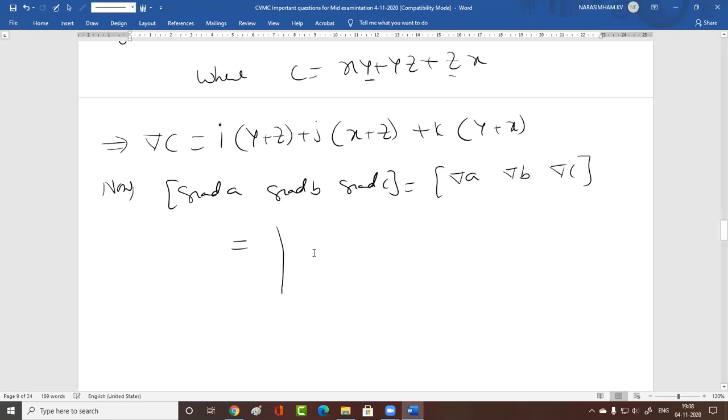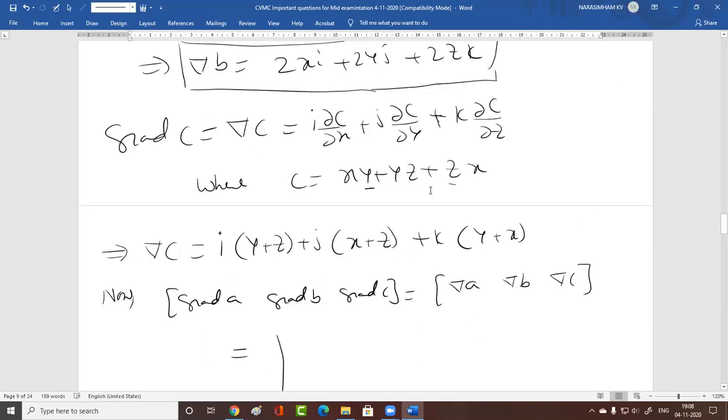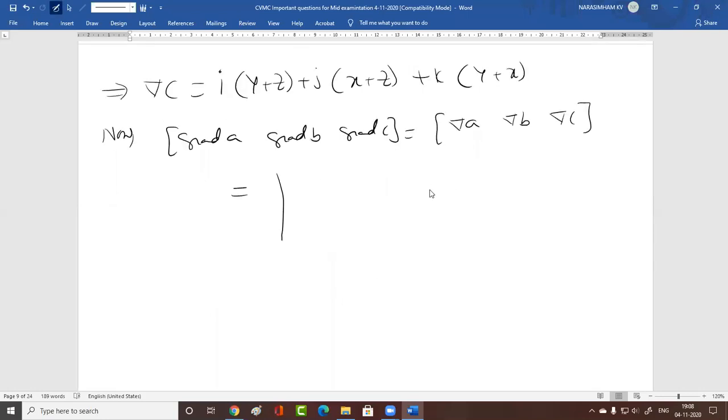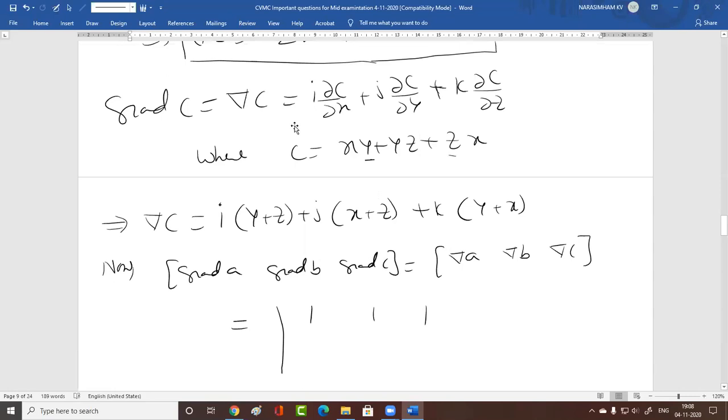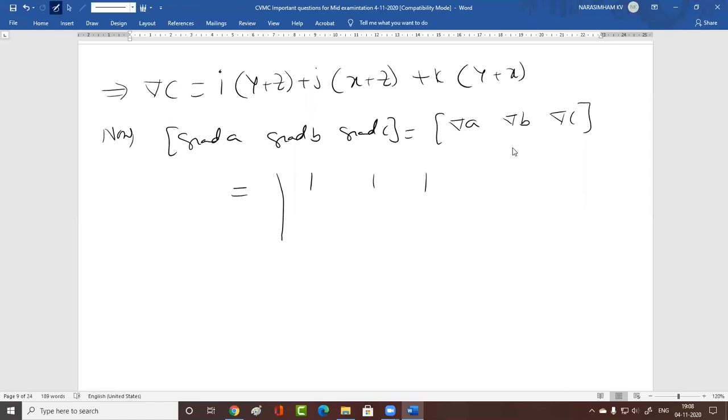So del A is i plus j plus k. So just take the coefficients, determinant 1, 1, 1. Now del B, the coefficients are 2x, 2y, 2z. Here del C coefficients are y plus z, x plus z, y plus x.